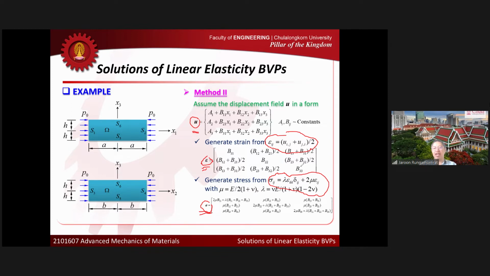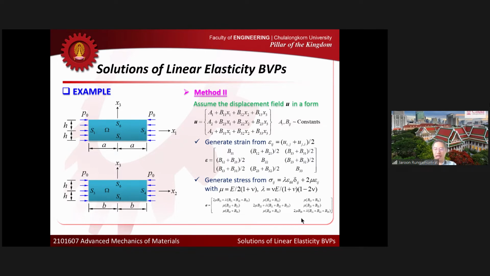The two here are satisfied, so there still remains one set of equations that we have to verify. Which one? Can you tell me? We have three types of equations, right? The one that we haven't checked is what? The equilibrium equation, right? That's the only one that we have to check here because the two here are satisfied automatically.